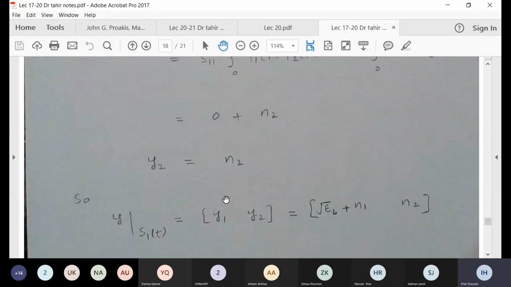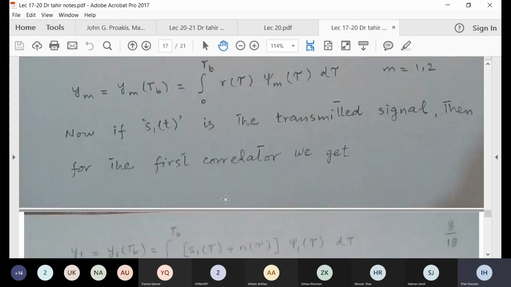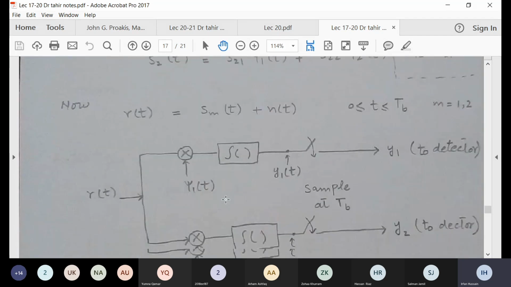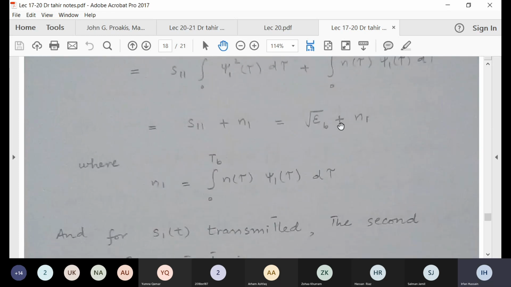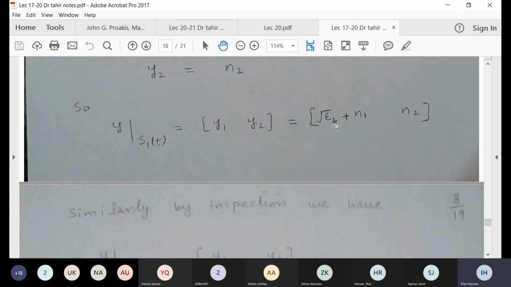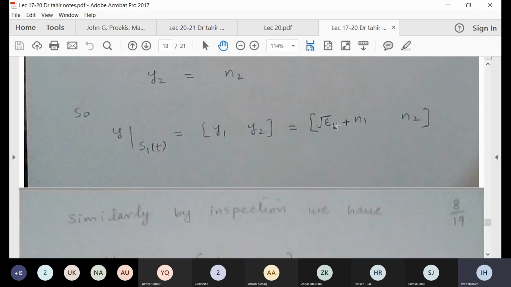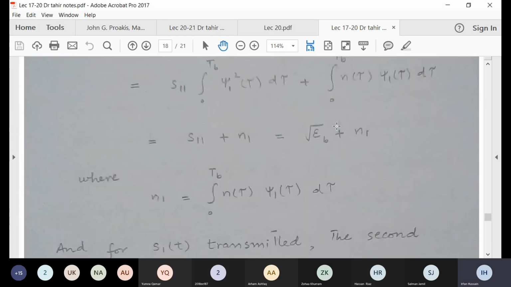Look, we determined this earlier. So we have... let us write it here, they have not written the PDF in the notes, but you can very well see that y1 was this random variable, and we saw its distribution. y1 will be a Gaussian random variable with mean of delta EB, and variance N naught by 2.